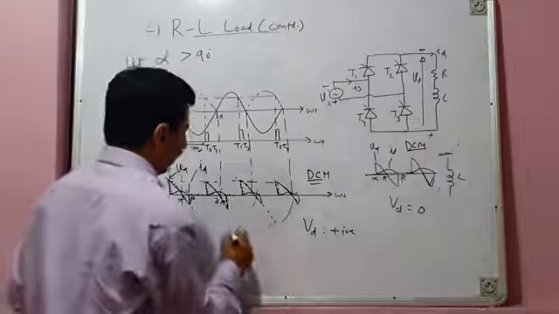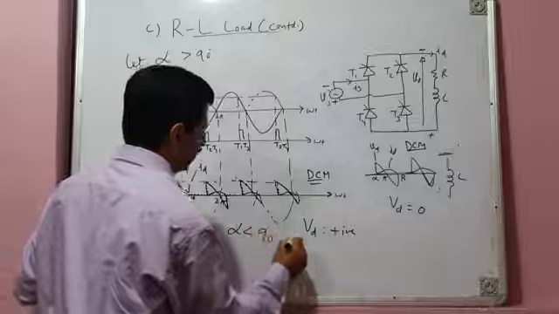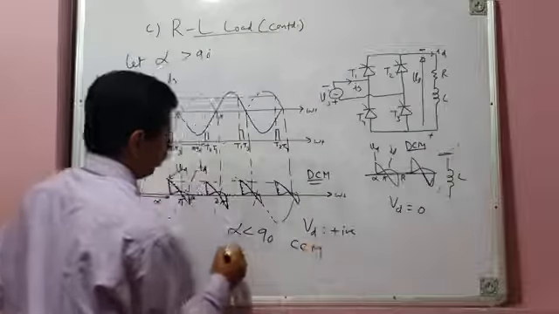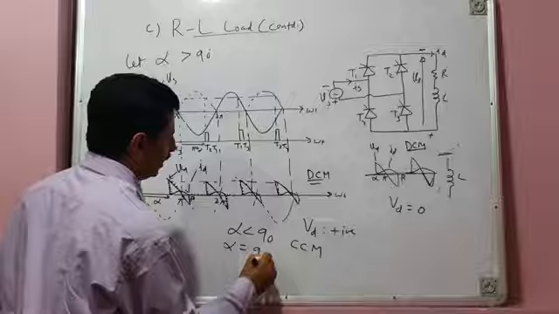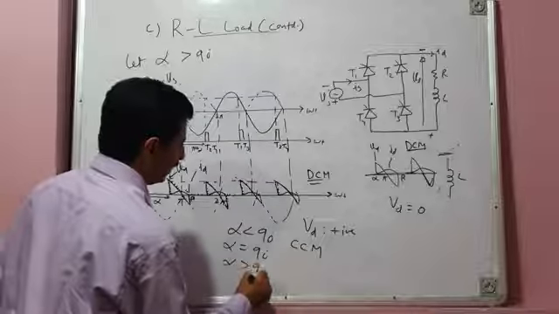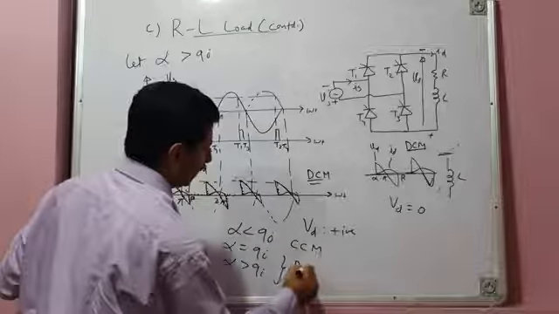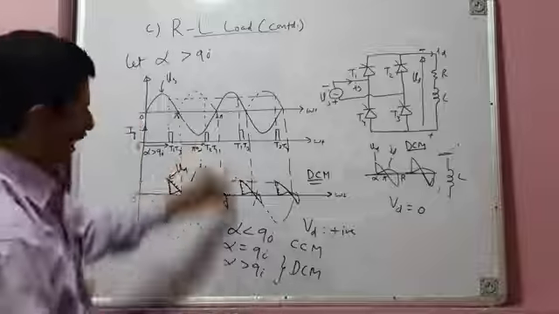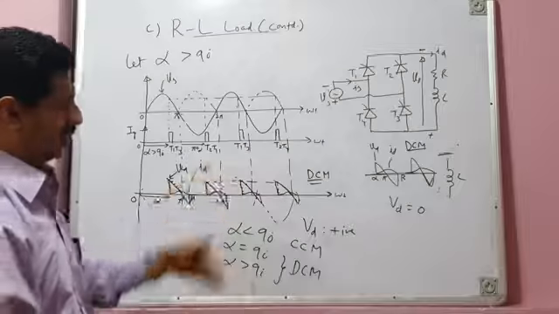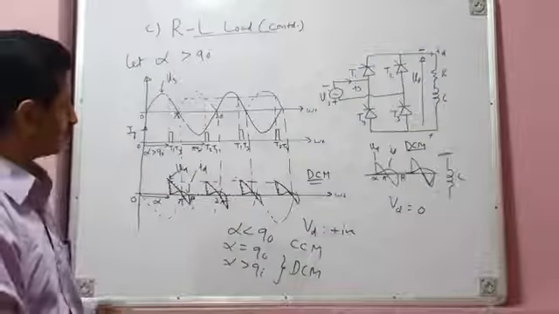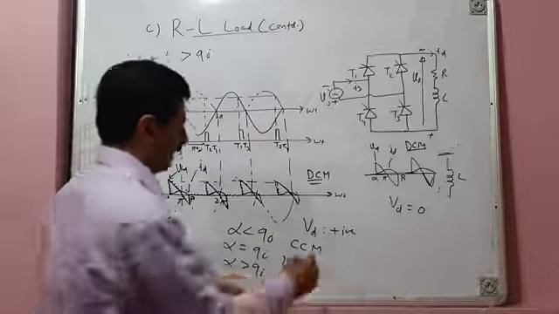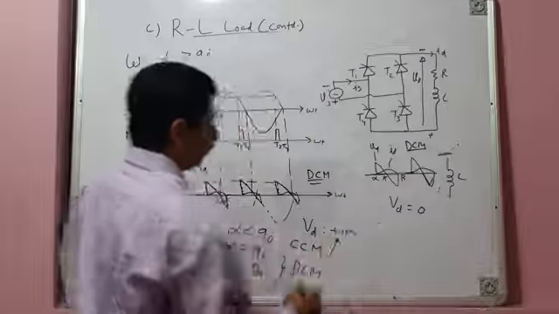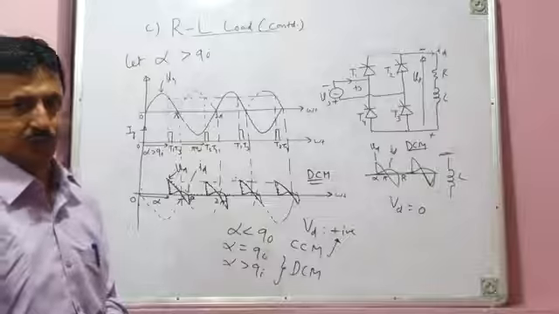But for alpha equal to 90 degrees and alpha greater than 90 degrees, we always get discontinuous conduction mode of operation, as was discussed in today's lecture. But in all the three cases, average load voltage is positive. We don't have average load voltage equal to zero.